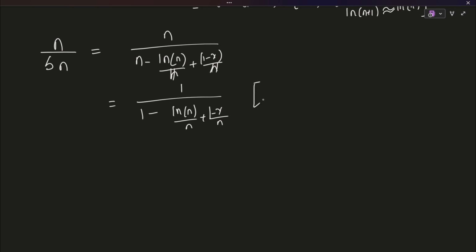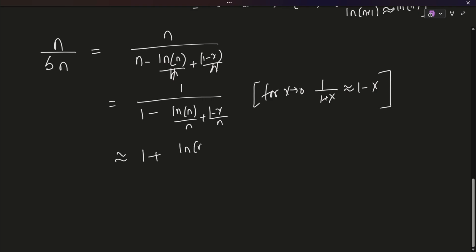And we know that for x tends to 0, 1 by (1 plus x) is approximated as 1 minus x. So this is just the first two terms of the expansion of 1 by (1 plus x), right? So we can also approximate this thing as 1 plus ln of n minus (1 minus gamma) by n, because the plus turns to minus, and the minus turns to plus.